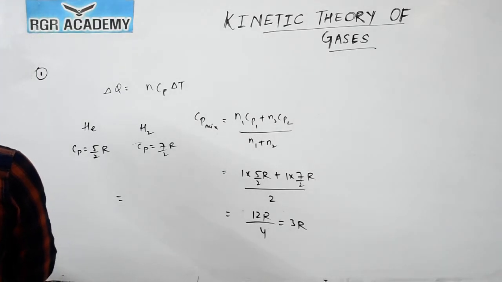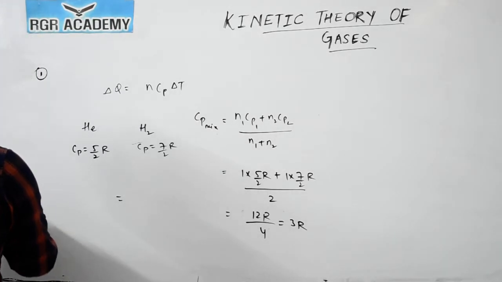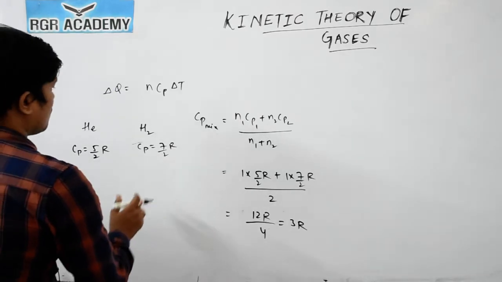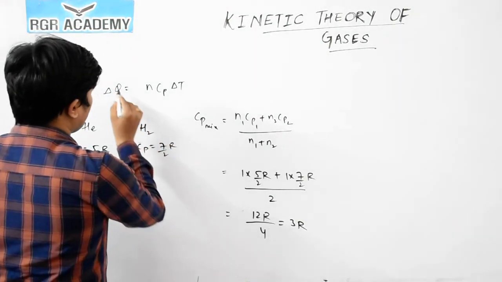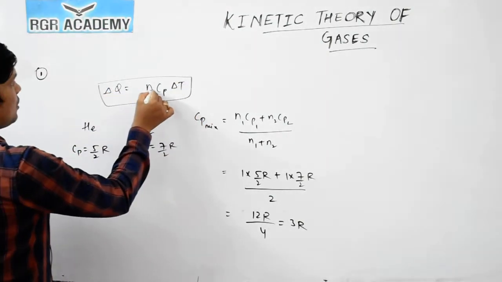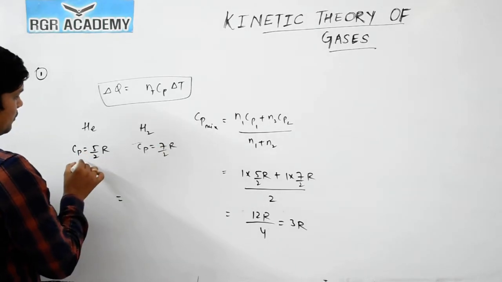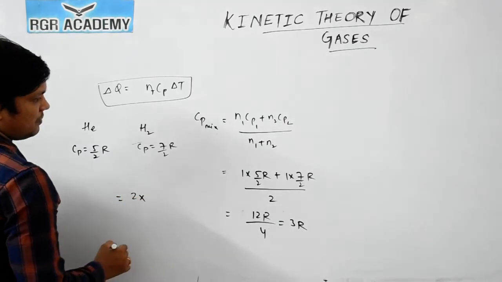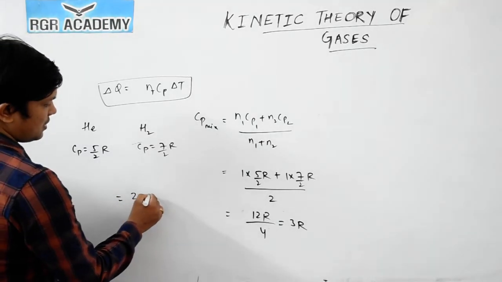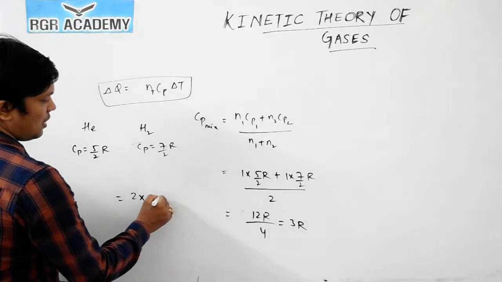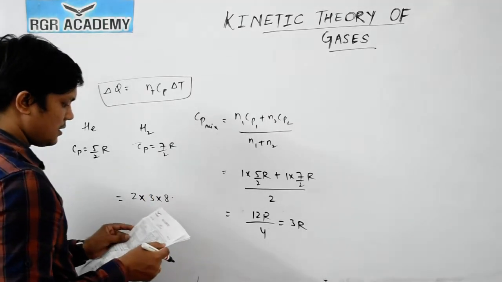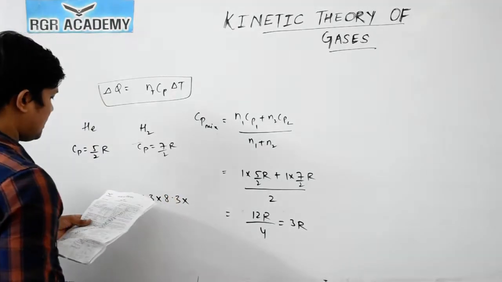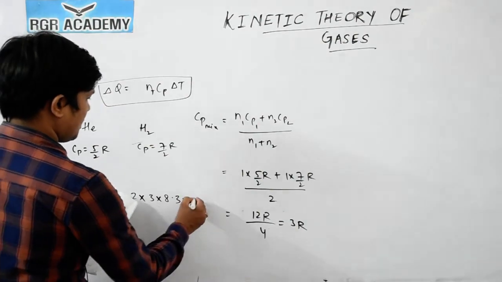So if you put the values here, we are using the mixture, so n means the total number of moles. The number of moles for this is 1 and for that also it is 1, so it will be equal to 2 into Cp, which we got for the mixture as 3 into R, which is 8.3, into delta T, the change in temperature, that is 100.